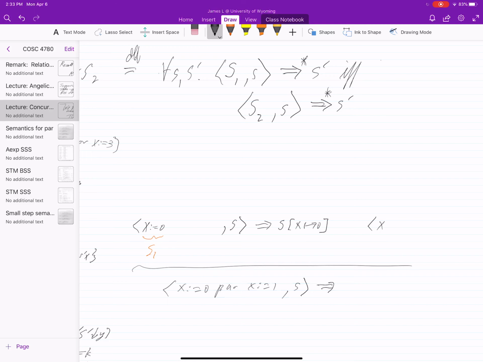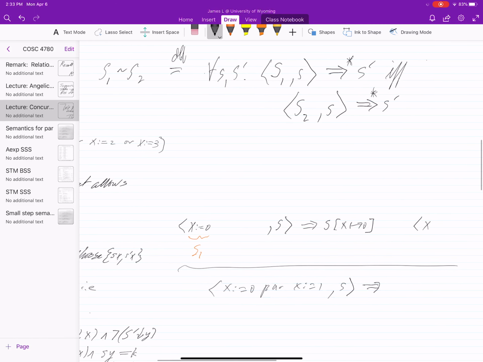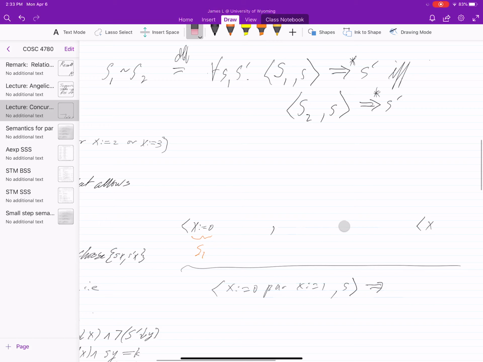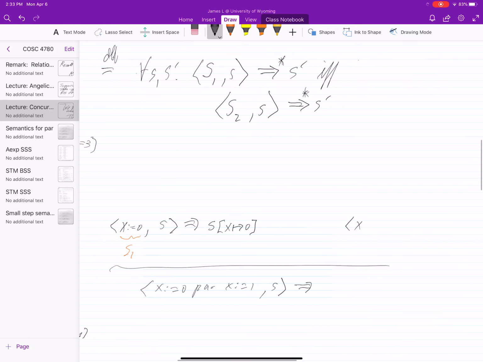It's so short I can just rewrite it more compactly. I got S1 in S evaluates to S where X has the value 0 in the state, evaluates to a function where, if I give it the input X, it returns 0.